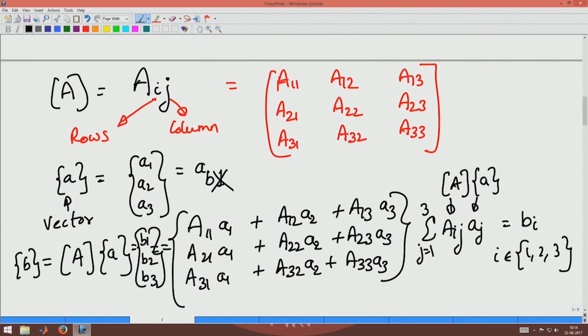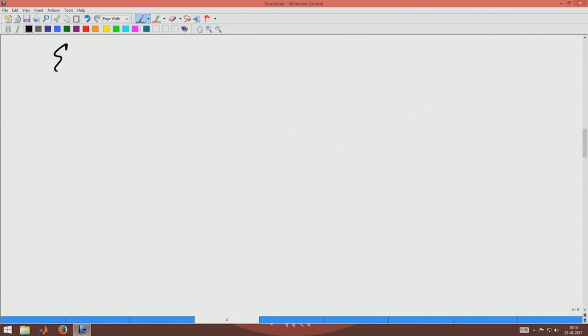Now, I am going to become a little bit more lazy and simplify the equation that I wrote there. I wrote Aij Aj equal to Bi, j equal to 1, 2, 3, and i takes elements from the set 1, 2, 3.